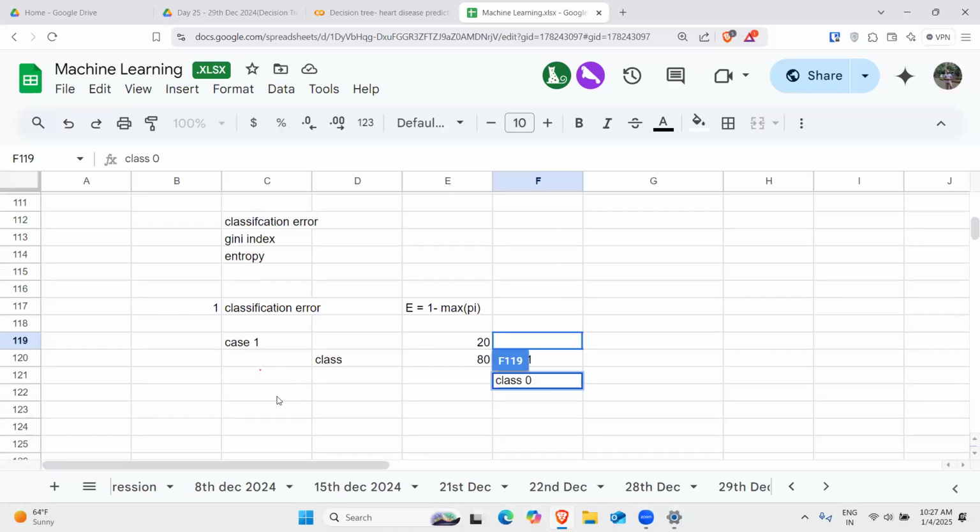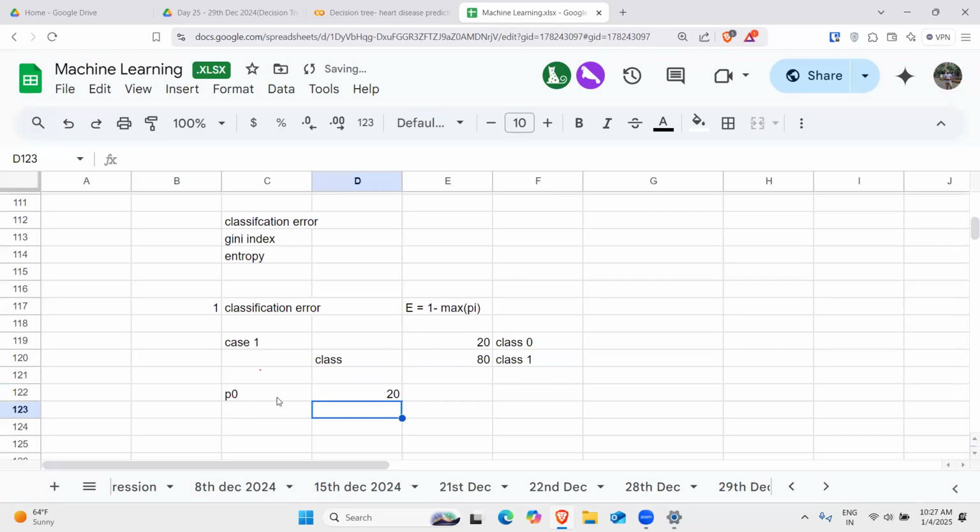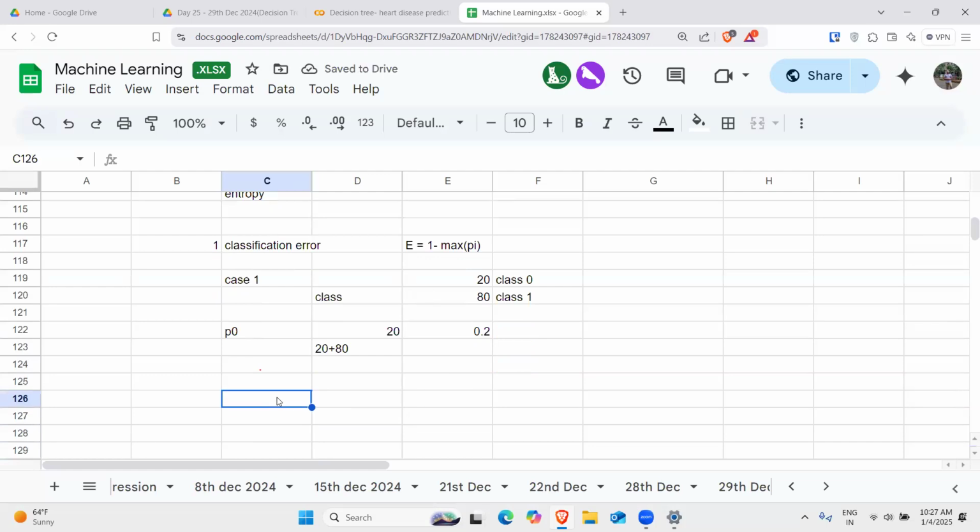Then the probability of class 0 will become 20 divided by the total, that is 20 plus 80, which is 20 divided by 100, right? We have P1, which becomes 80 divided by 20 plus 80, which becomes 0.8. That becomes your probability of class 0 and probability of class 1. What your classification error says is 1 minus the maximum probability that you have.